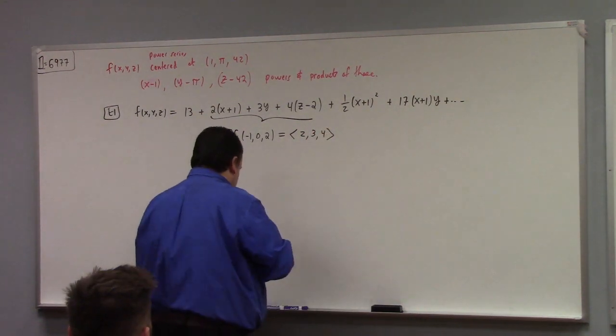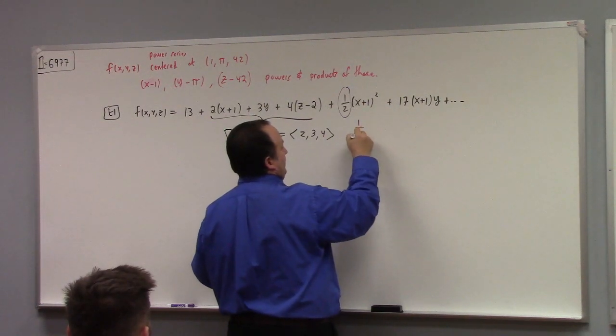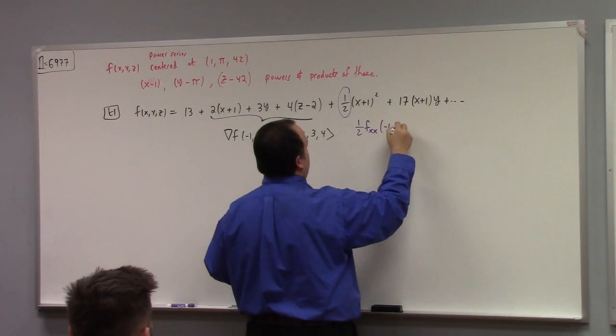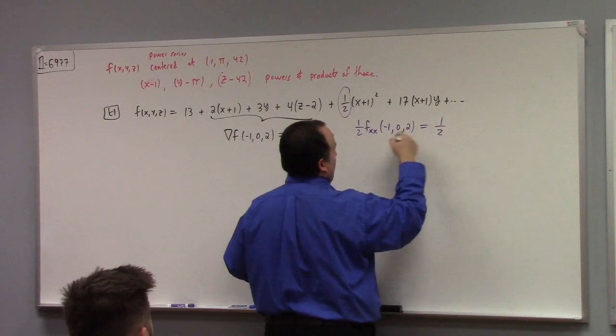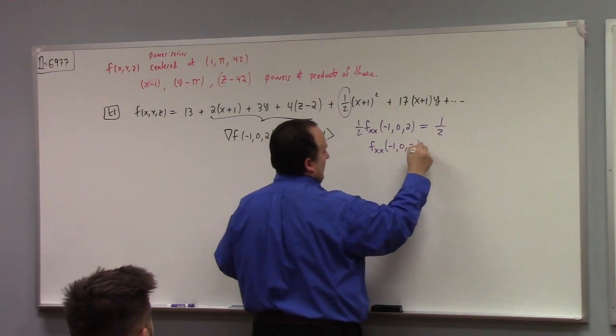The meaning of this coefficient is going to be 1/2 f_xx at the point in consideration. So from this, I can decipher that the xx derivative at that point is 1.